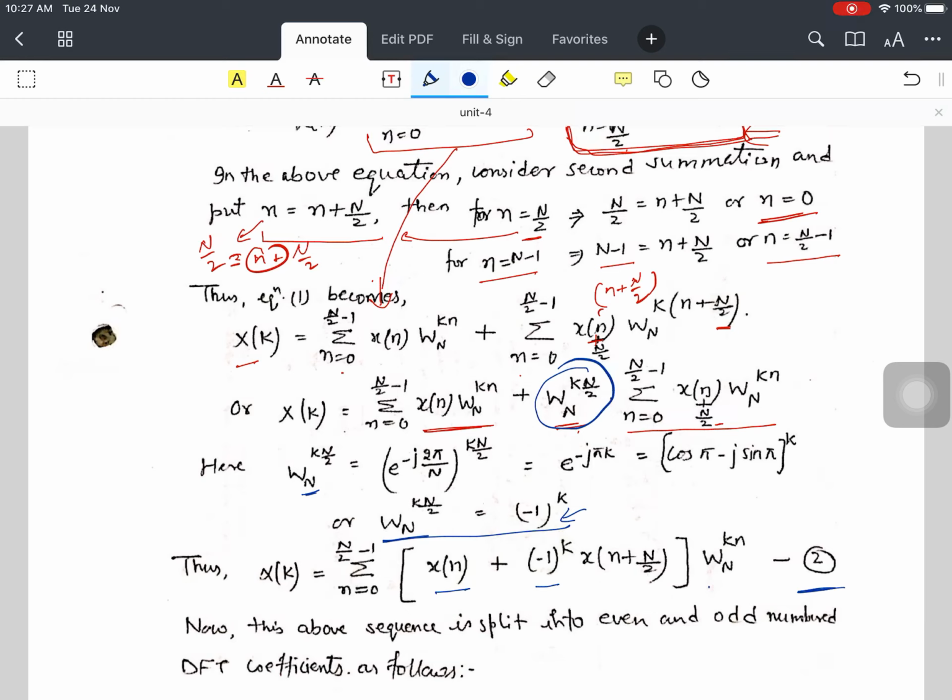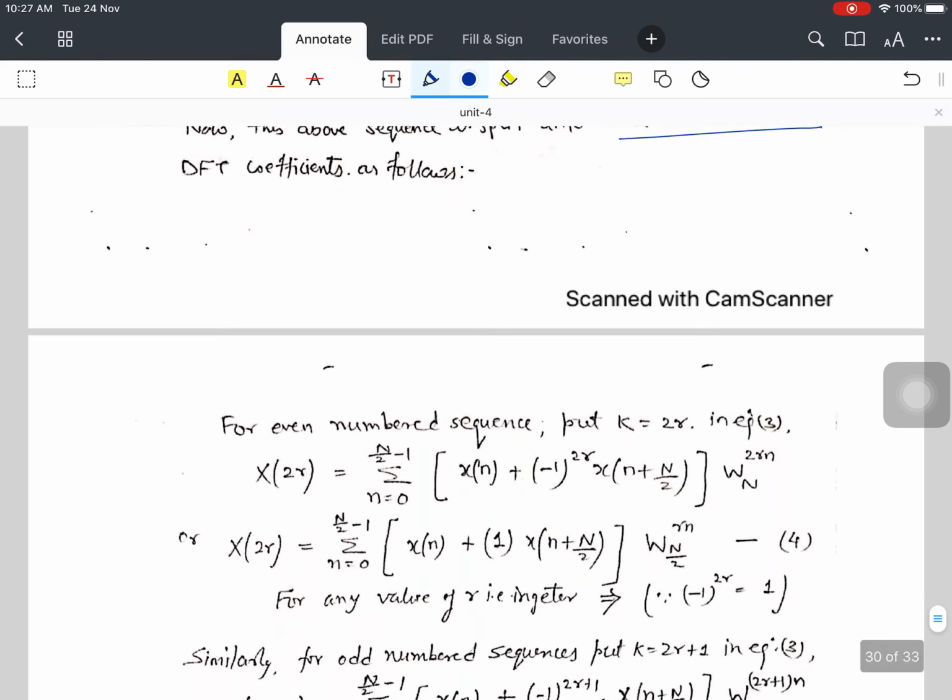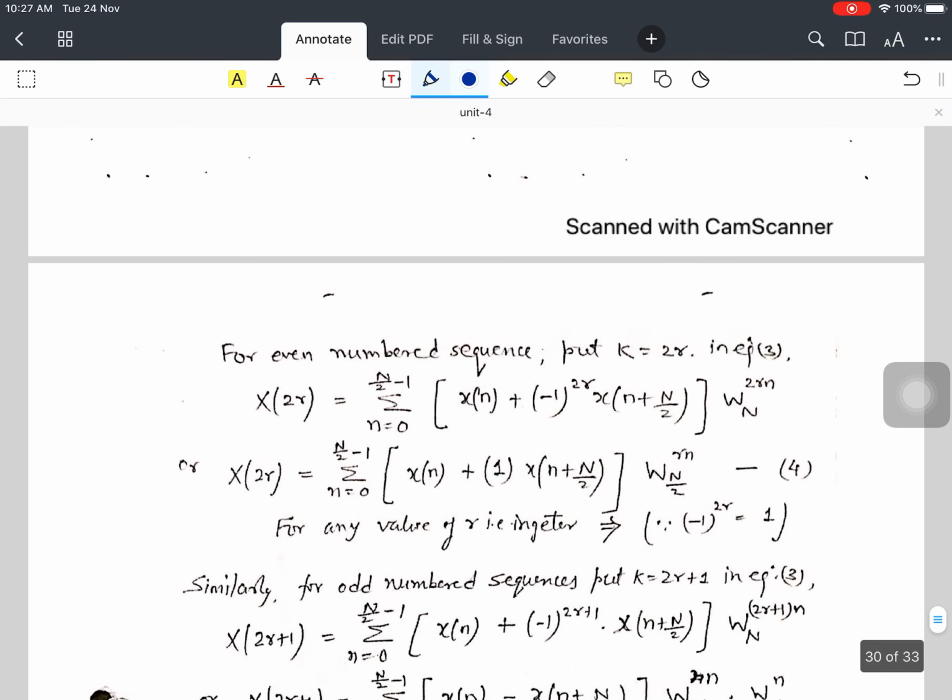Now, divide equation 2 into 2 parts, that is, even part and odd part. The above equation is split into even and odd numbered DFT coefficients as follows. For the even sequence put k equal to 2r, and for the odd sequence put k equal to 2r plus 1. When you put k equal to 2r, we get X(2r) equal to the summation of n equal to 0 to N/2 minus 1 of [x(n) plus minus 1 to the power 2r x(n plus N/2)] W_N^(2rn).